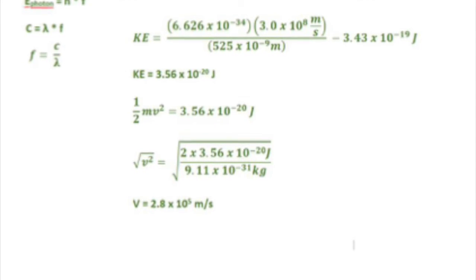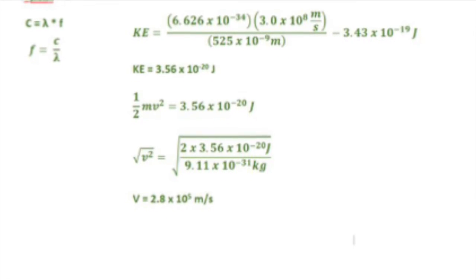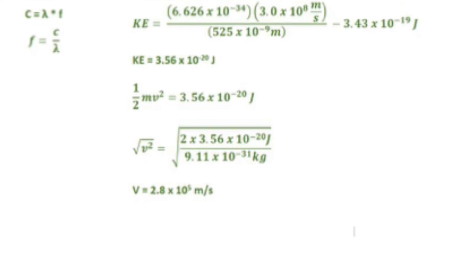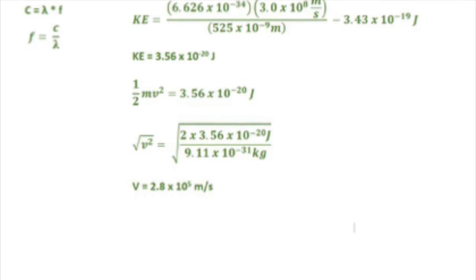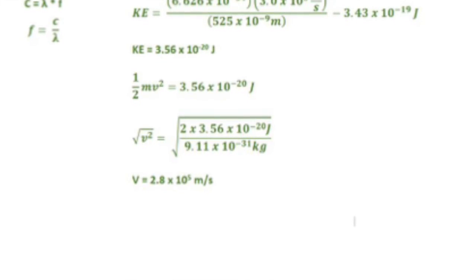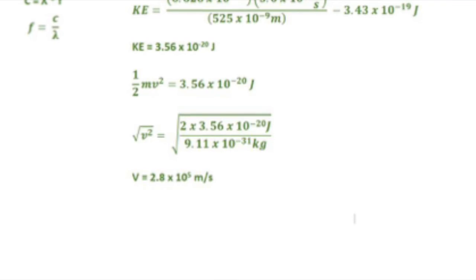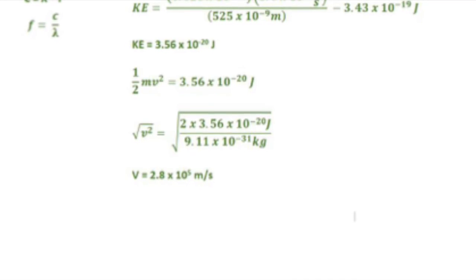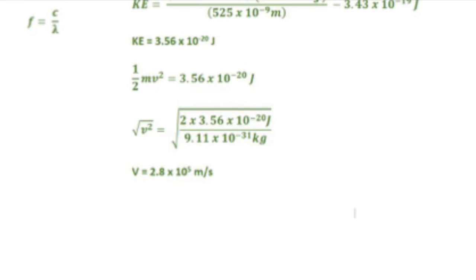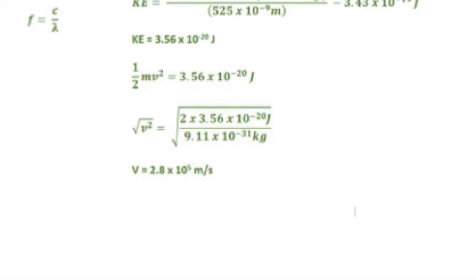Then we can solve for the velocity of the photoelectron by taking the square root of 2 times 3.56 times 10 to the negative 20 joules divided by the mass of an electron, 9.11 times 10 to the negative 31 kilograms. And we find that the velocity equals 2.8 times 10 to the 5th meters per second.